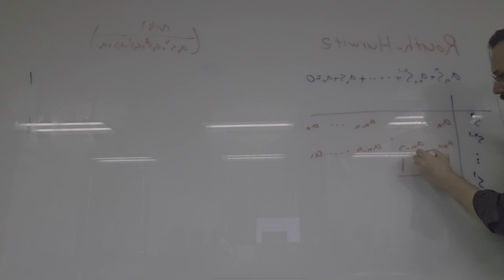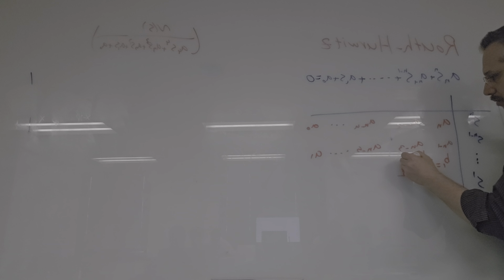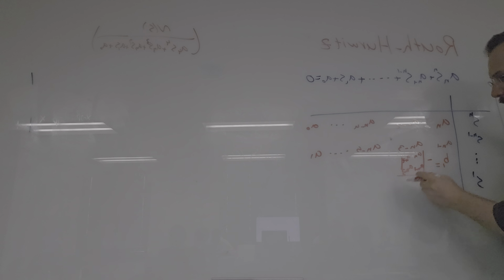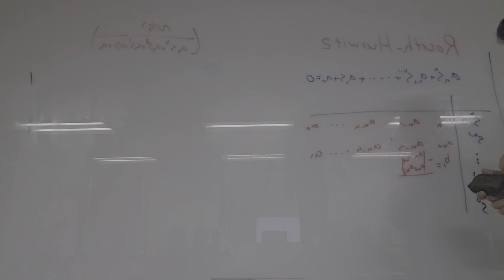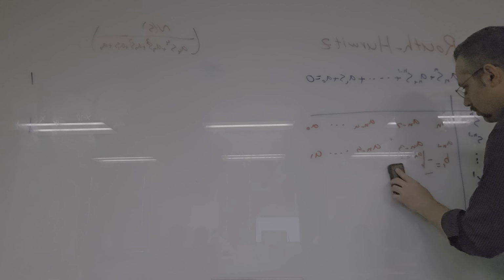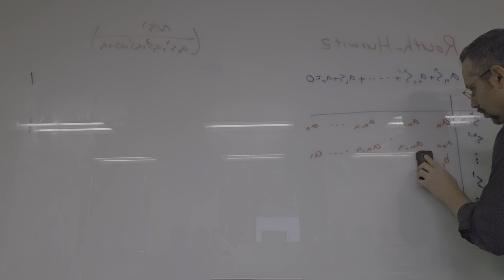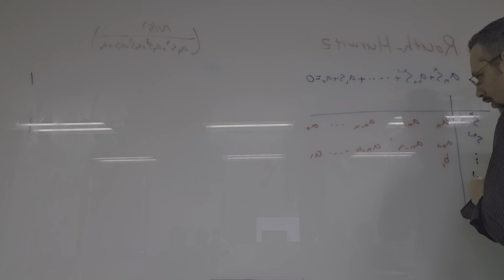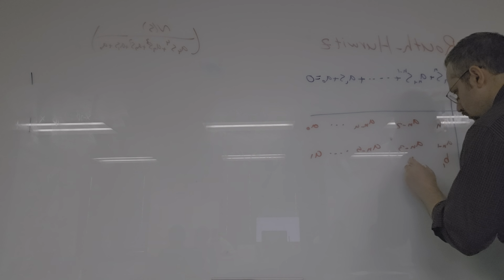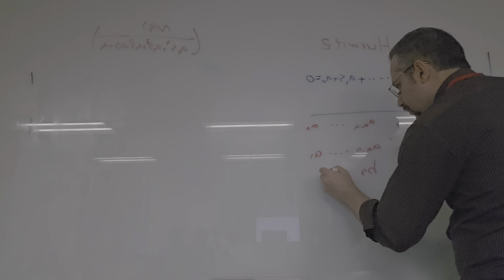so the determinant of A(n-3), A(n-2), and A(n-1). Let me write it bigger. So I'm going to write B1, B2, B3.